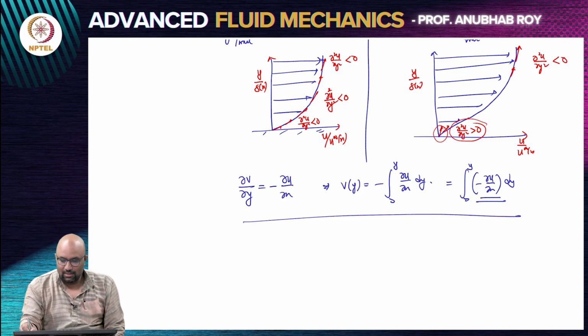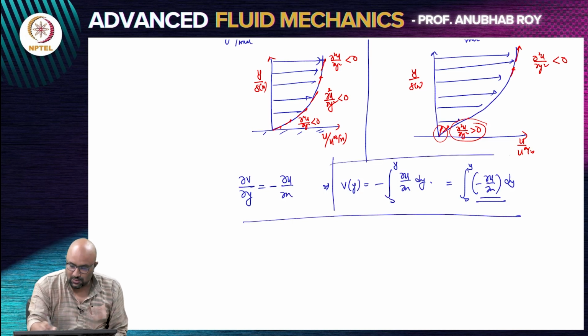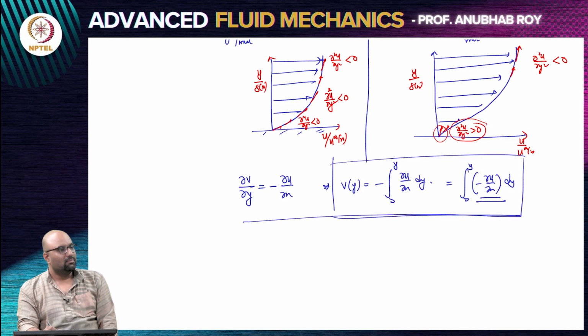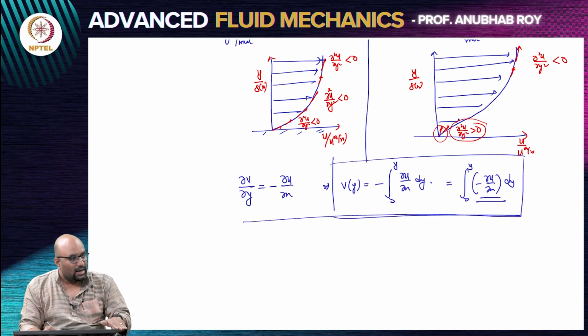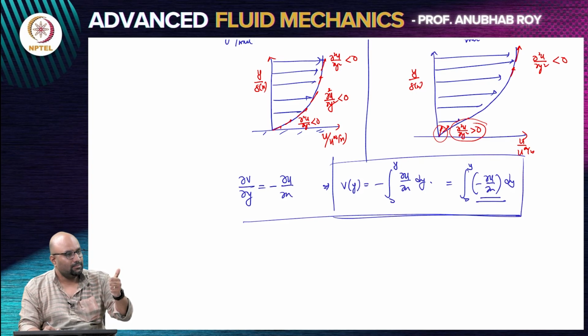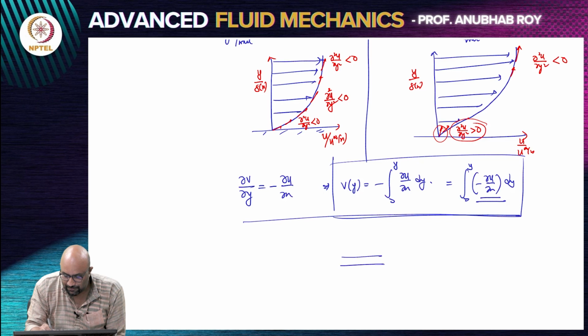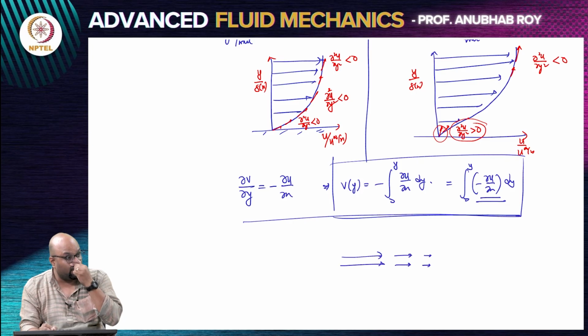If you just look at mass conservation, if you focus on this particular thing, this is just from mass conservation. If I have a stream that is slowing down, it has to be compensated by faster moving fluid going up, right? If there is a fluid that is gradually getting slowed down, then obviously I need a compensatory faster moving fluid going up. Think of this, you have streams, I am drawing arrows, the length of the arrows are indicative of the magnitude.